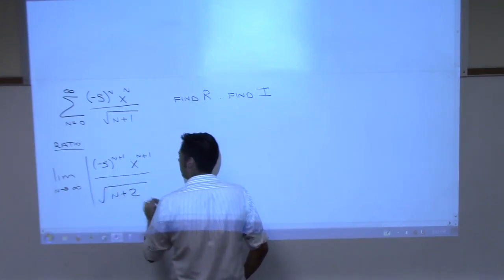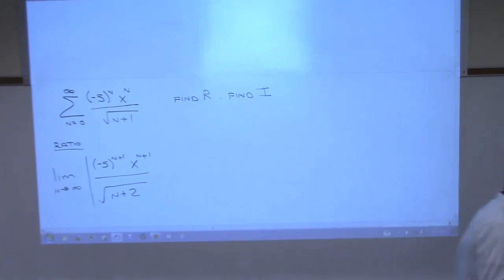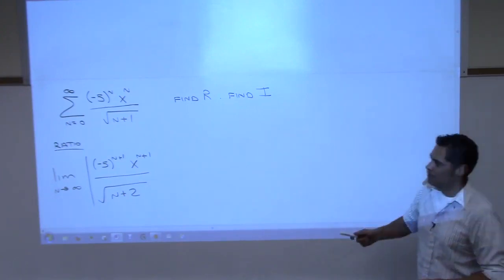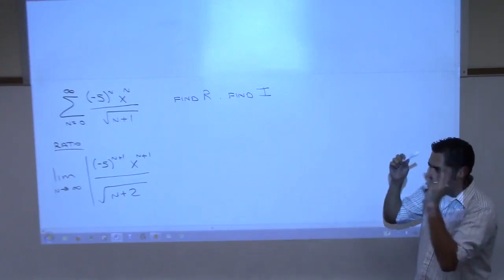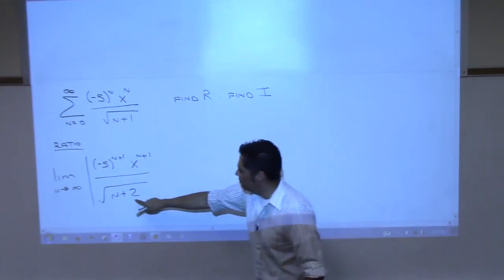What is this? What is that? What is that? That. That's a sub n plus 1, right? Sorry, I just wanted to know, what did I just write there? Why did this become 2?